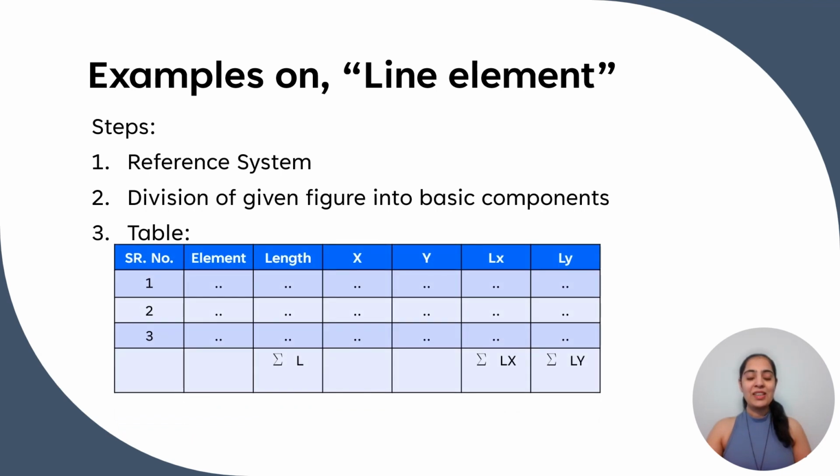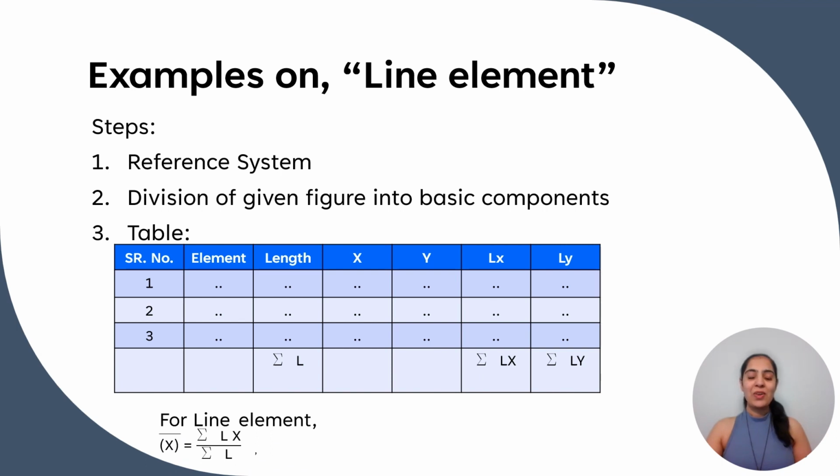In that, the serial number of the element, the name of the element, and the length of the element L. x is the x coordinate of the CG of that element. Similarly, y is the y coordinate of the CG of that element. Then the products L into x and L into y. And finally, the summation of L, summation of L into x and summation of L into y is calculated.